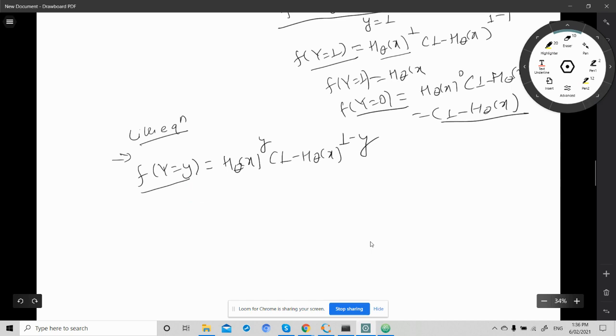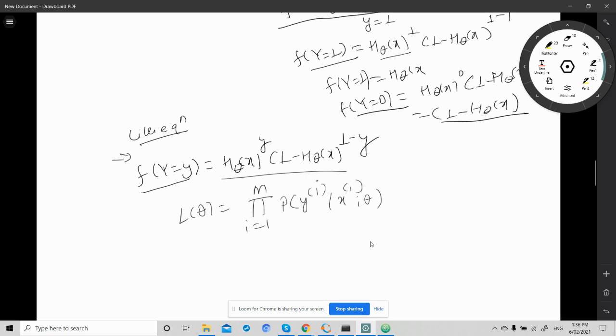So what is the likelihood equation? The likelihood equation is the product of all of this equation, that would be my likelihood function. So my likelihood function will be the product, i ranging from 1 to m, of the probability of y i given x i parameterized by theta.